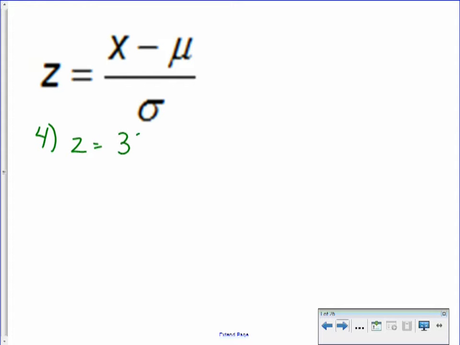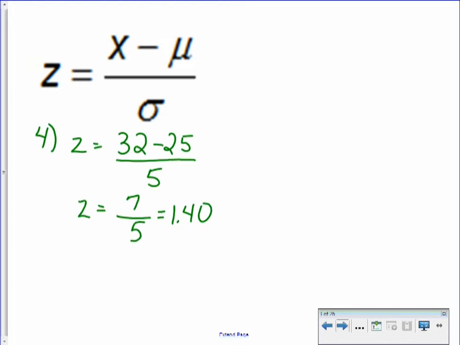That means we take 32 minus our mean of 25, over our standard deviation of 5. Of course, 32 minus 25 is 7. We end up with 7/5, but these scores are much more functional when they are decimals. You round them to 2 decimal places, so that should be about 1.40. Questions?